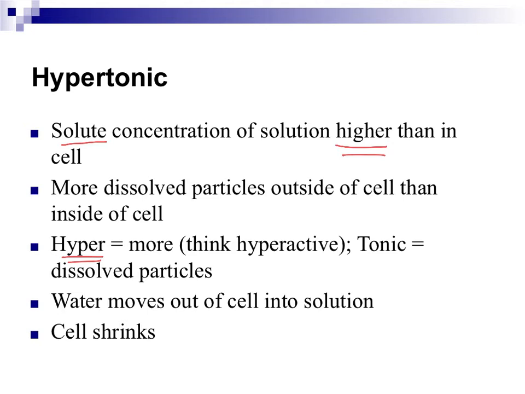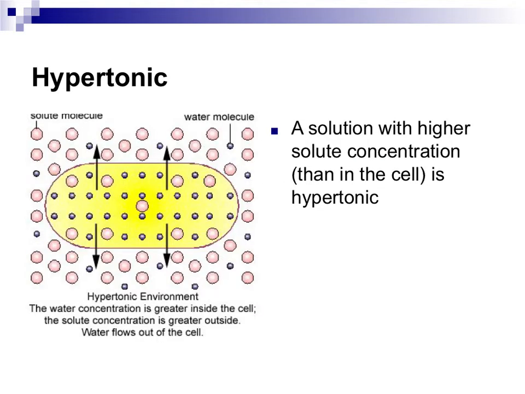Water in this type of solution will move out of the cell and into the solution on the outside of the cell. When a cell is in a hypertonic solution, the cell shrinks or gets smaller because the water wants to leave the cell to dilute the solution that is outside of the cell. So this diagram shows a hypertonic solution.